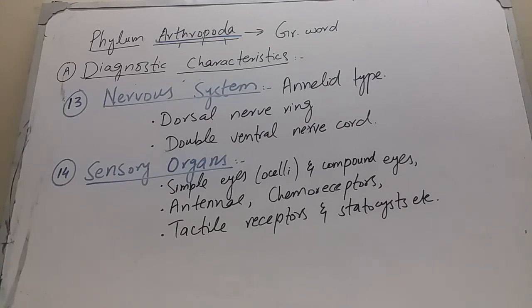Besides this, a double ventral nerve cord arises from this brain and also includes ganglia and paired nerves.